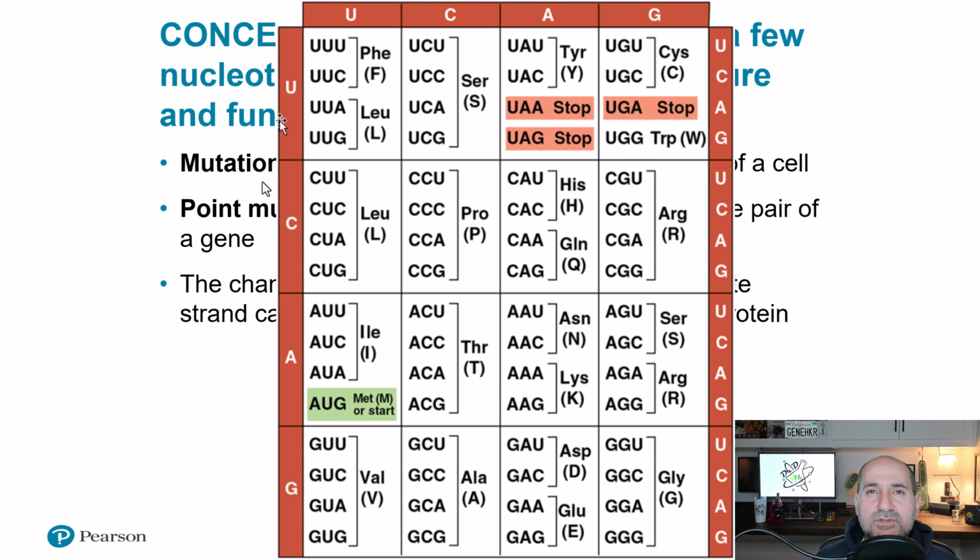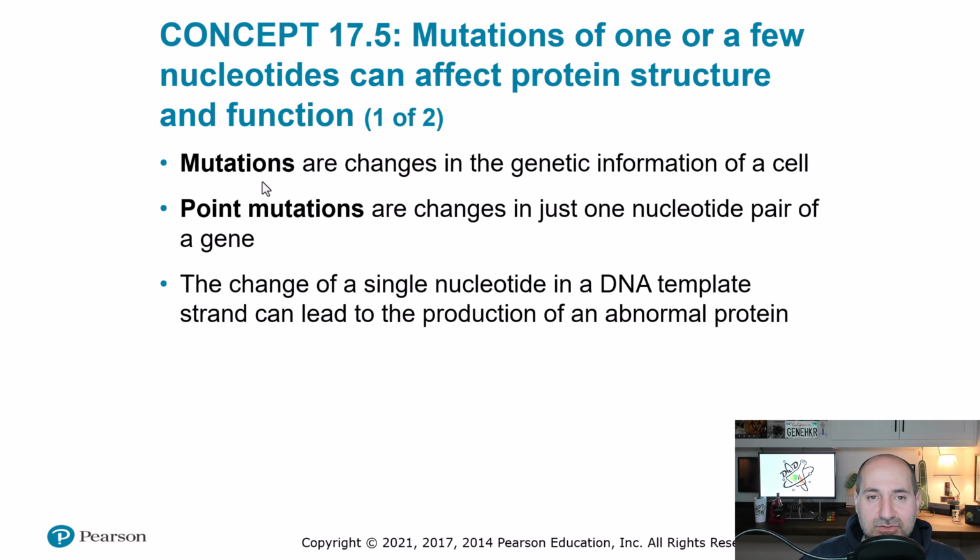What if instead of CCC, I changed it to ACC? Do you think that may have an effect on the protein? That's exactly what happens. If I mutate a gene, if I change the genetic code, if I change the recipe, I'm going to change the outcome, aren't I? So mutations are changes in the gene.